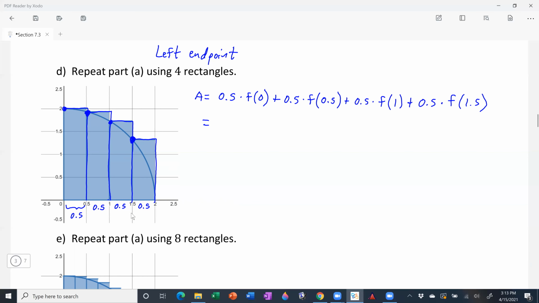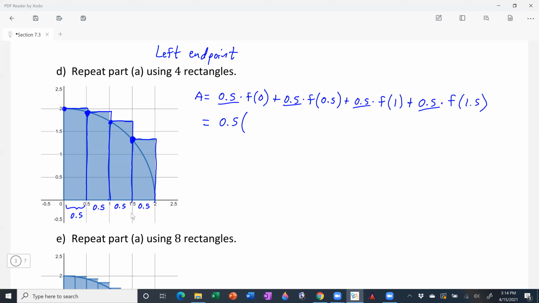Okay. So something that's kind of nice about this, especially if you start using a lot of rectangles, notice that the width of all of them is supposed to be the same every single time. So this width of 0.5, that's there in every single spot. So we can actually simplify our calculations a little bit, even from the beginning, by having that 0.5 width factored out. Okay, because all of the widths are going to be the same.